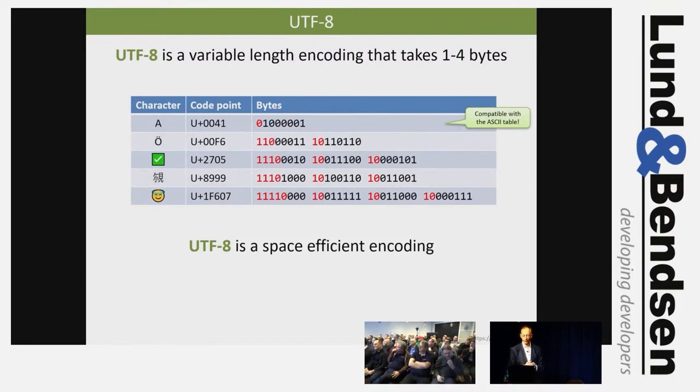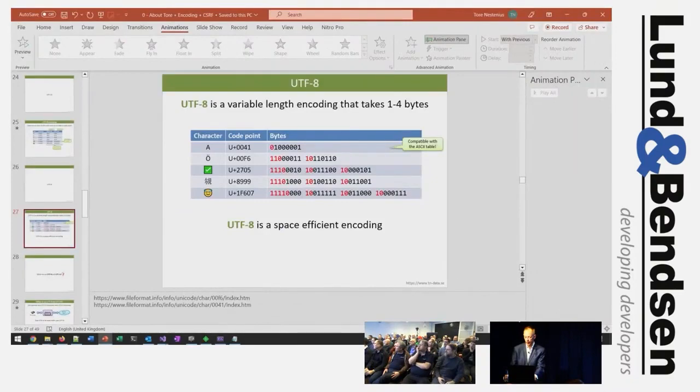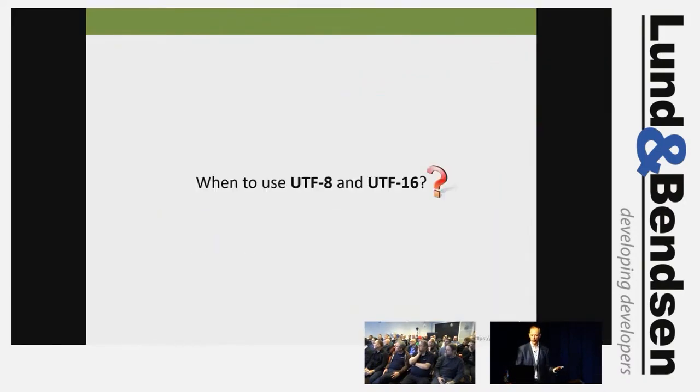This is a very space-efficient encoding, because if we just send English text like source code, we just need 1 byte per character. That's awesome. But if we look at emojis or Chinese characters, we would need 3 or 4 bytes to represent 1 character. And then, of course, the question is, when do you use which encoding?